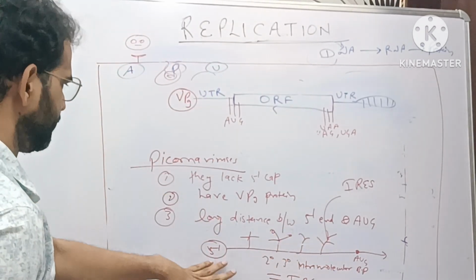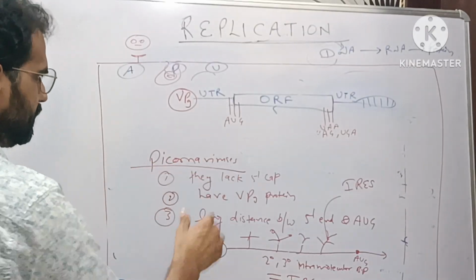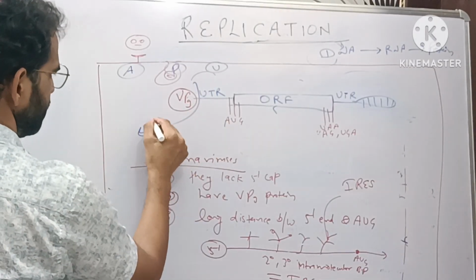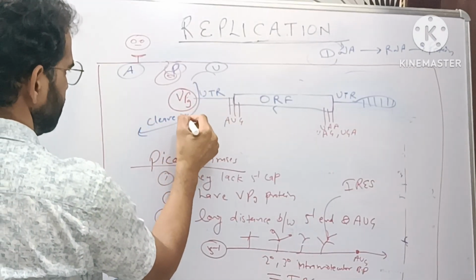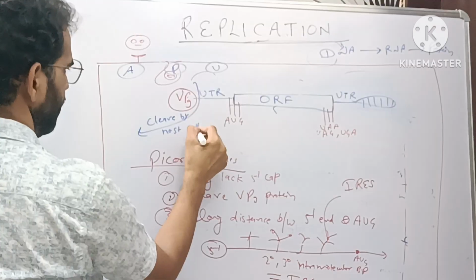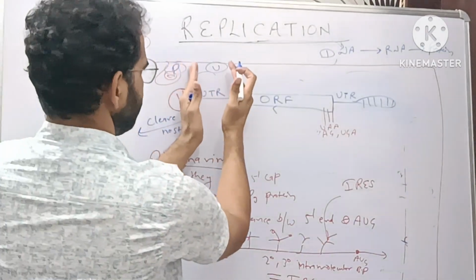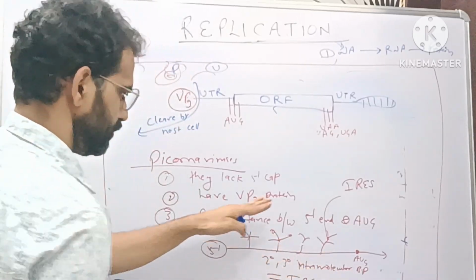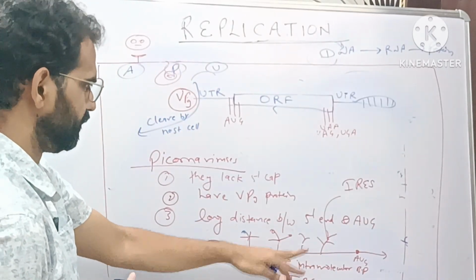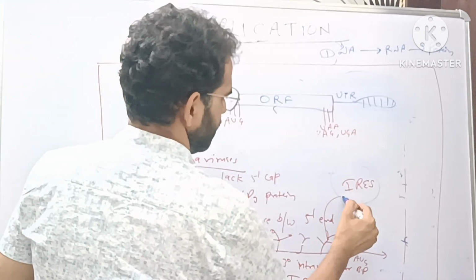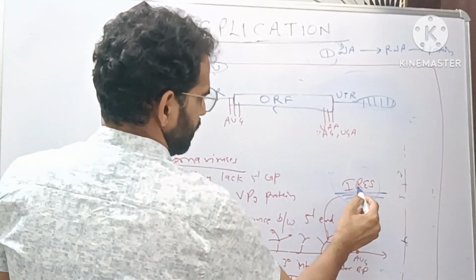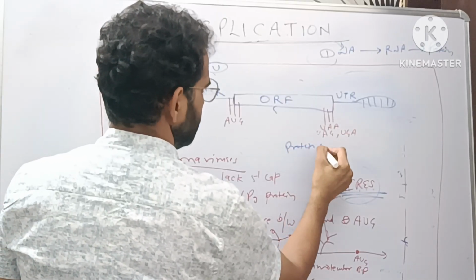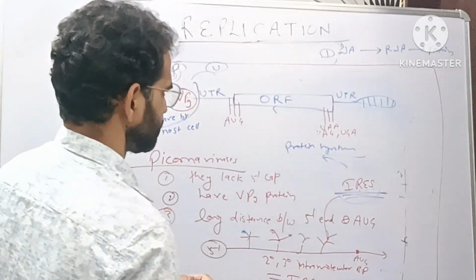So this is a unique property of picornaviruses. They lack the cap, but they have VPg protein, which is further removed by host cell enzymes. In between, the distance is long, and due to intramolecular bonding these base pairs form a structure known as IRES, internal ribosome entry sites. Their role is protein synthesis.